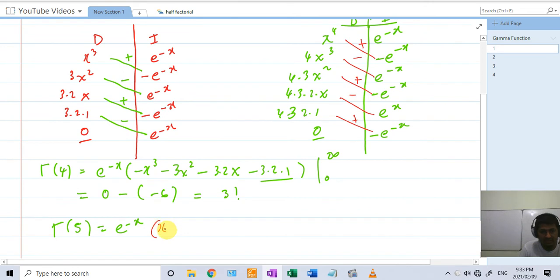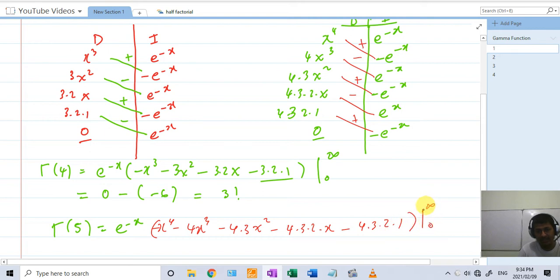I've got negative x to the power 4 minus 4x cubed minus 4 times 3 x squared minus 4 times 3 times 2 x minus 4 times 3 times 2 times 1.